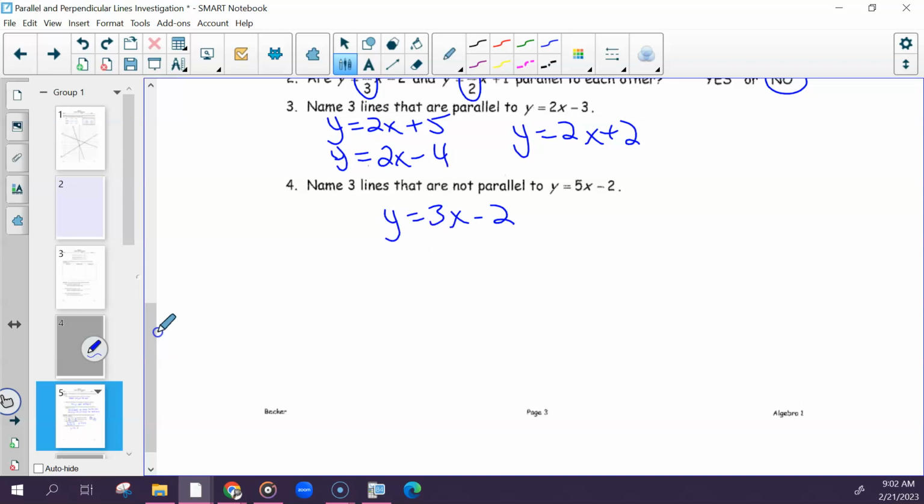Give me another. Y equals -1/2x plus 2. Also not the same slope. That works. One more. Sheila. You could have also made the 5 negative, y equals -5x, whatever y-intercept you want. That would also not be parallel because they're different.